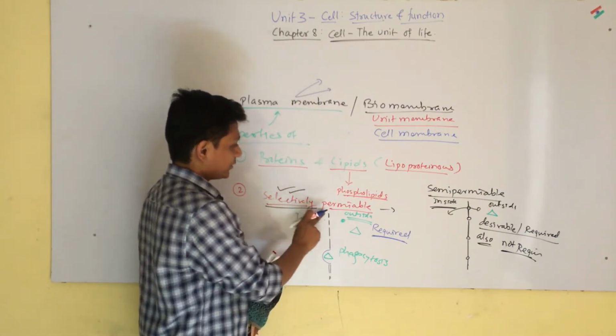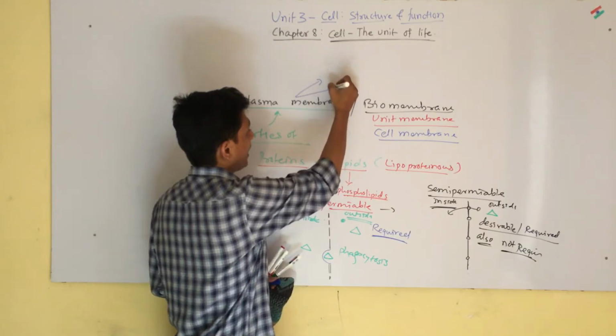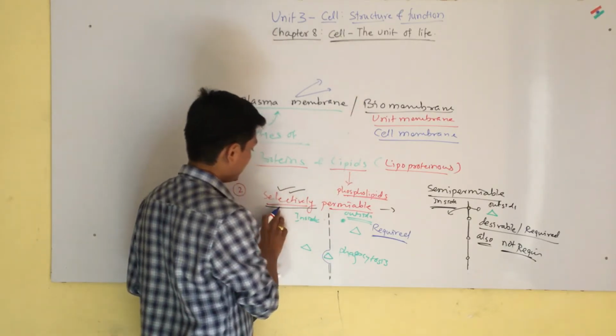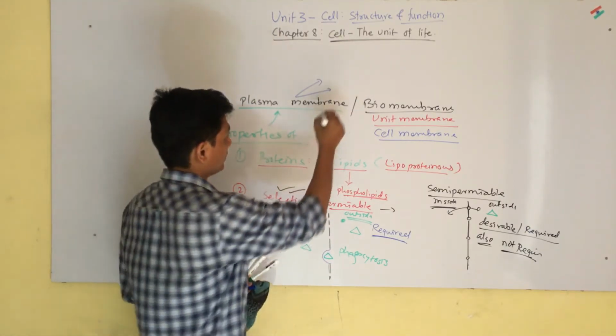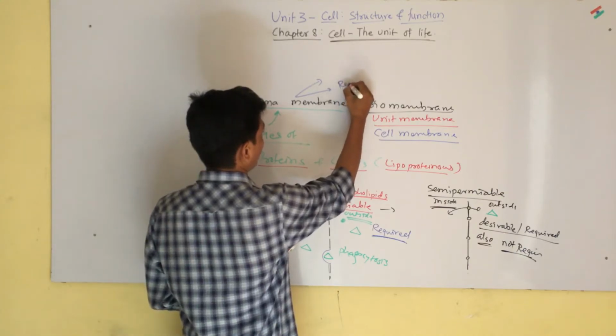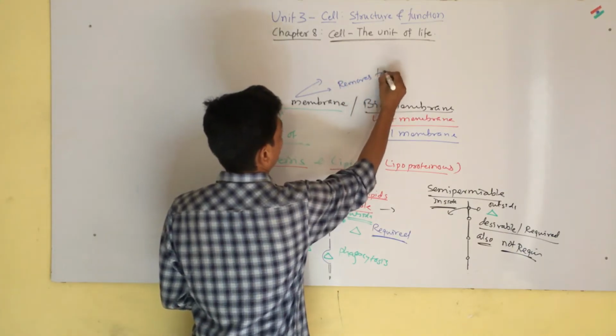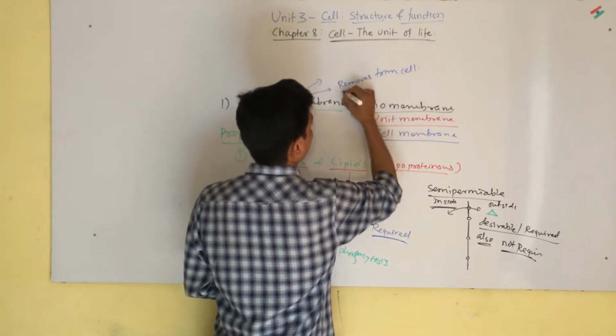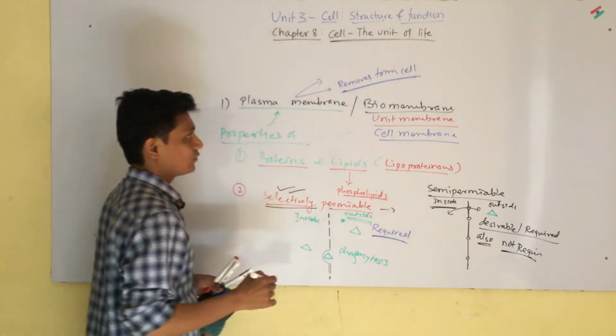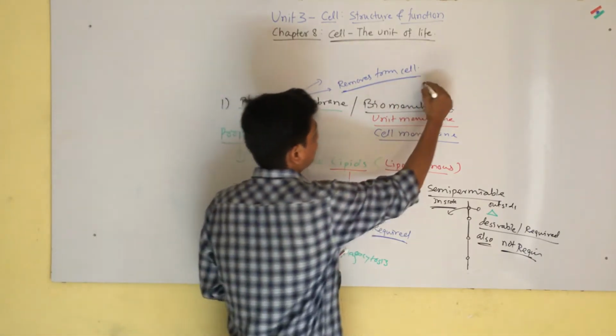Plasma membrane is selectively permeable, and when it is removed from the cell, it acts as a semi permeable.